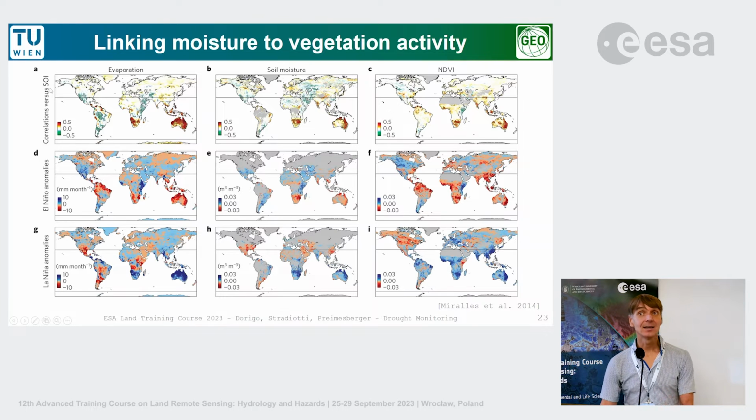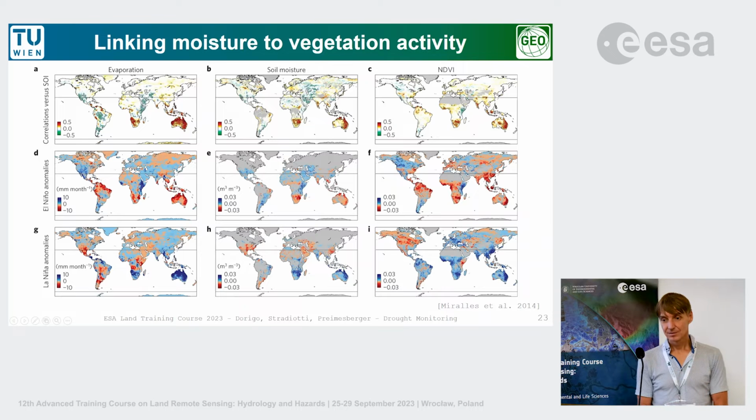And here again it shows the Southern Oscillation Index, which has a positive phase, so you have La Nina conditions. And you see how closely correlated that is to SOI: evaporation, soil moisture, and NDVI.